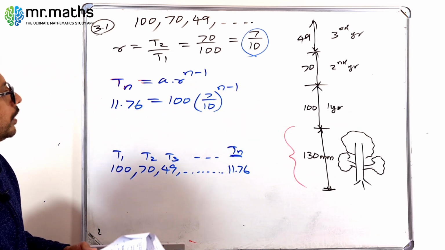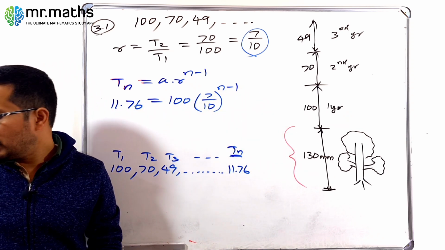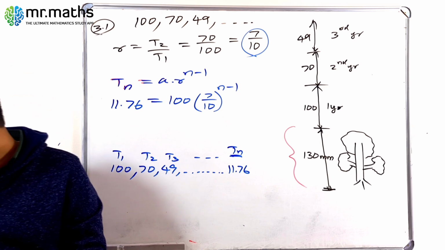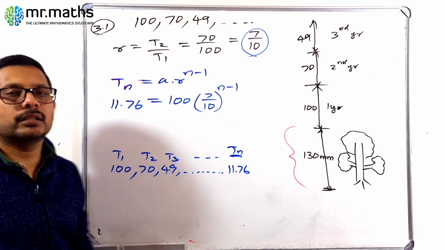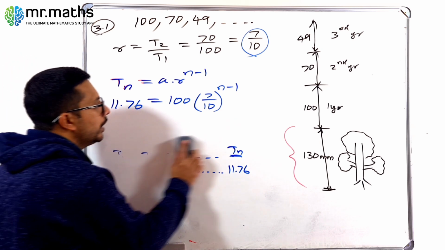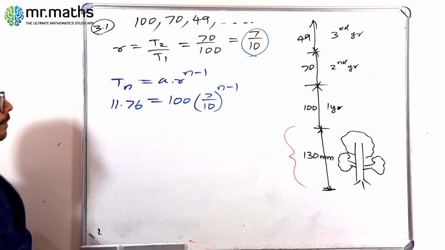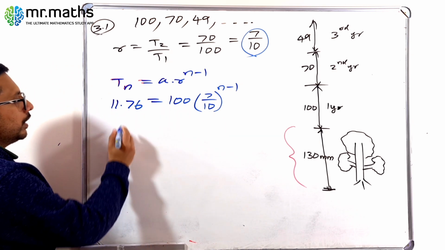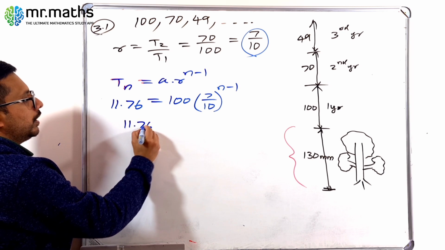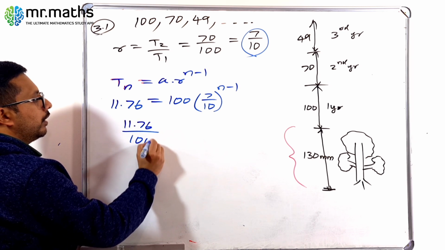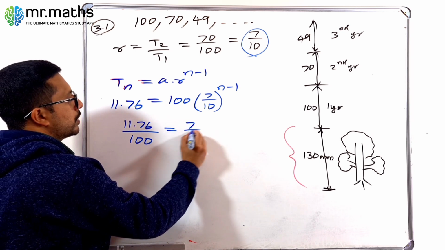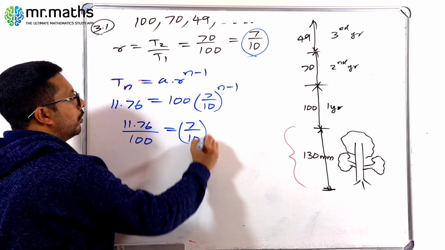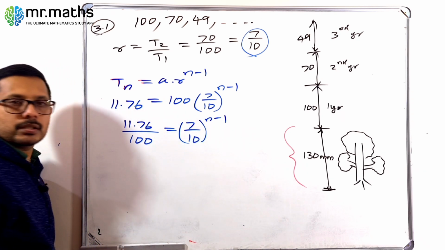Now from there you have to find the value of n, and we can say that in that year the height is going to be 11.76. So now take this 100 to this side. So it is 11.76 divided by 100 is equal to 7/10 the whole raised to n minus 1.